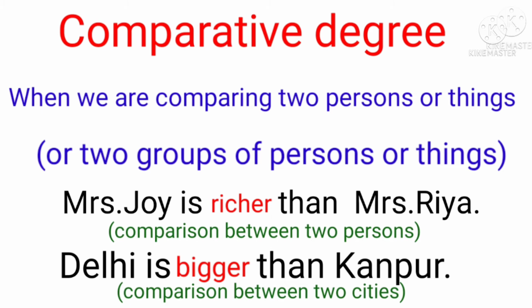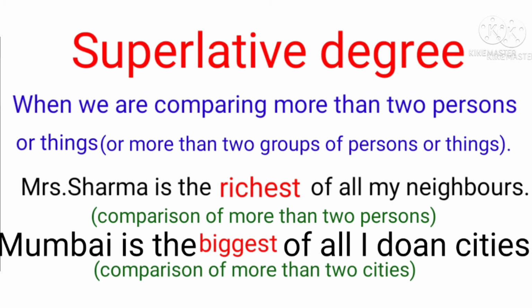Okay, now let's move towards the third degree of comparison. And what is that? That is the superlative degree. Continue with the video because I will tell you how we use these three degrees and what changes are required when you are doing comparison for the comparative degree and superlative degree.